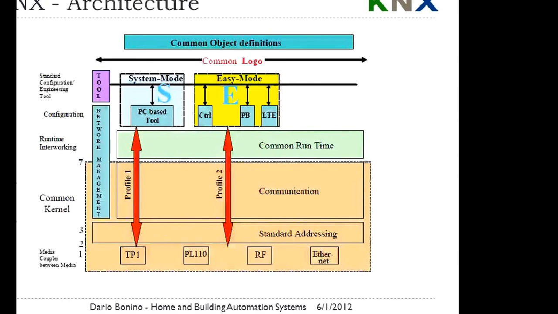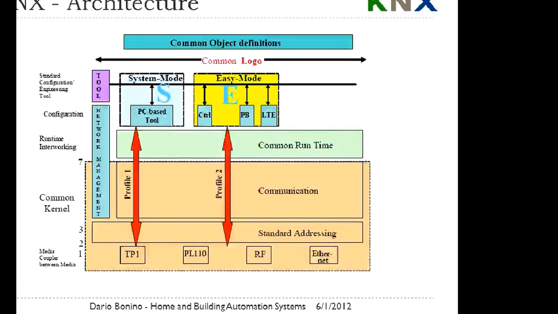Okay. In KNX, we have a general architecture that we don't have in MyOpen, okay? And this reflects the more informed approach to the network. We have a main communication layer which exploits different network communication technologies.